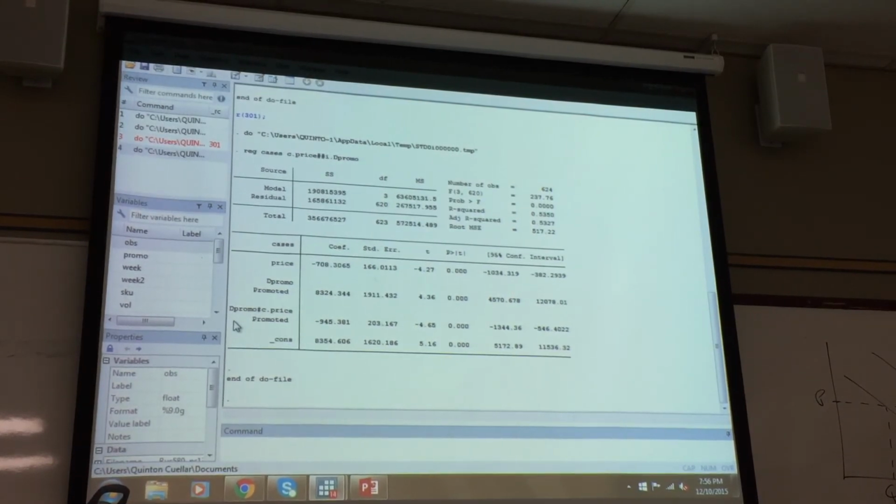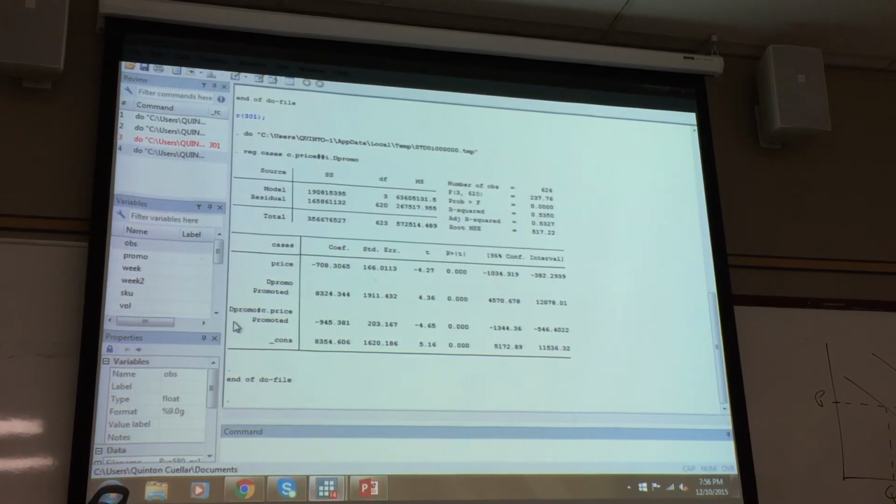So price is the slope for DN and negative 945 is the slope for DP? No, it's the difference in the slopes. Okay. So we don't know what the slope is for DP? Can we find out? I'm sure we can.